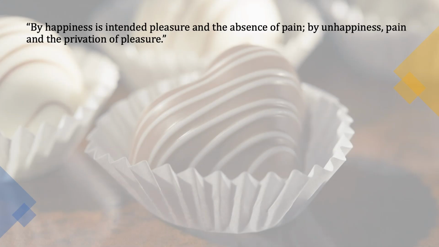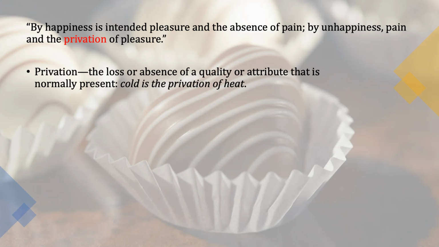By happiness is intended pleasure and the absence of pain, and by unhappiness, pain and the privation of pleasure. Okay, what might be tricky about this sentence? Well, certainly I don't really know what privation means. Let's look that one up. So, privation, the loss or absence of quality or attribute that's normally present. Cold is the privation of heat.